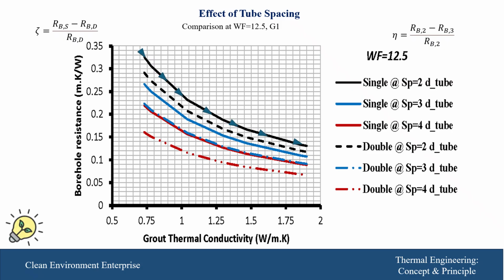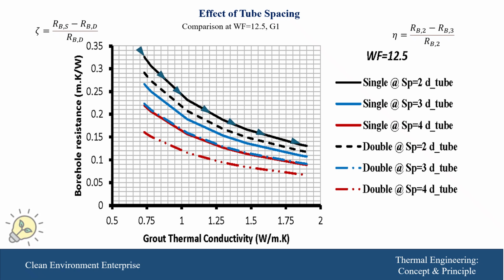At the same time, zeta for this geometry fell in the range between 10 to 11% and 15 to 16% for the tube spacing 2D naught and 3D naught. Of course, these values depend on the tube spacing, I mean, for the borehole resistance for both tubes, single and double U-tube.